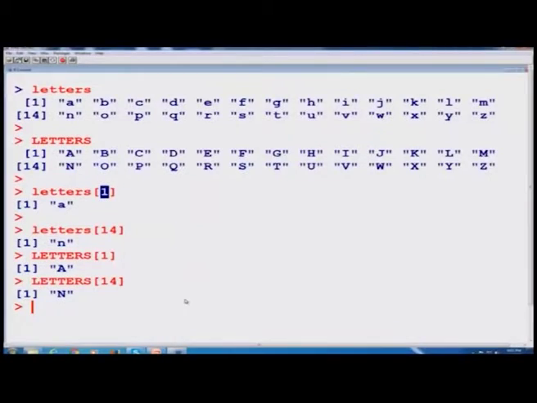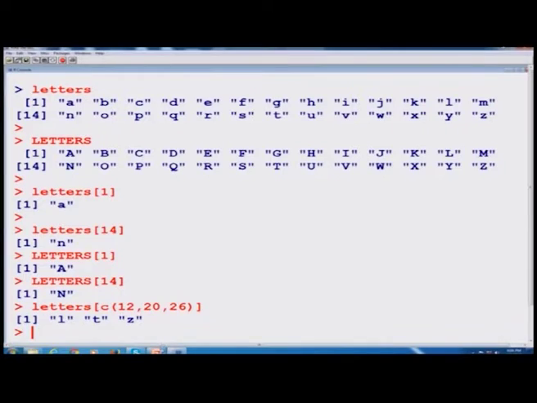For example, I can write letters, say c, and suppose I want the 12th position, the 20th position and the 26th position. That means the addresses of the 3 values are 12th, 20th and 26th, and you can see I get 3 letters L, T and Z.